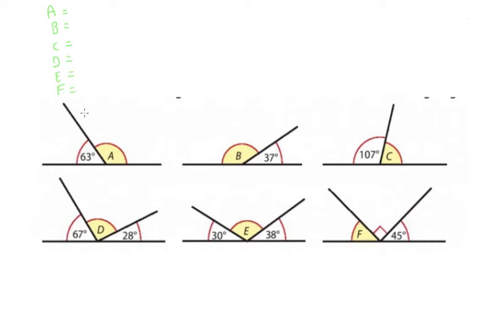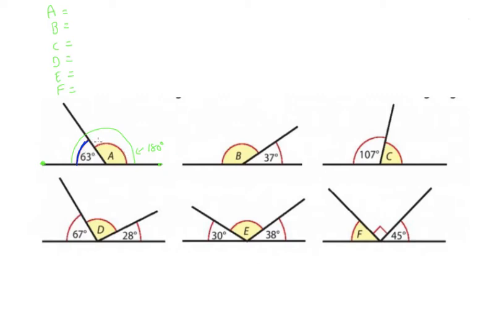You should be able to figure out what all of these angles are, because we learnt that the angle of a straight line is 180 degrees. Now we can see that this part of the angle here, let me do it in a different color, this part here is 63 degrees.